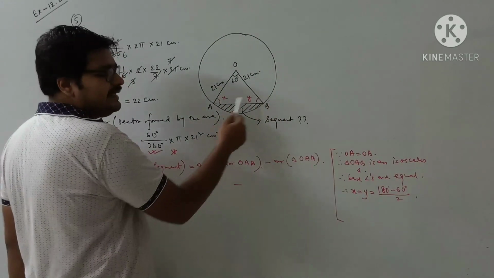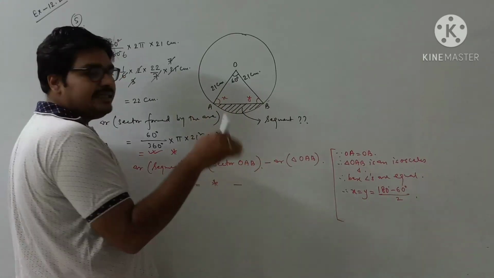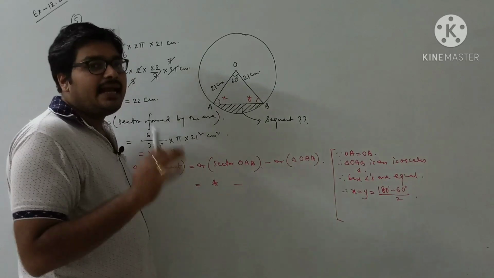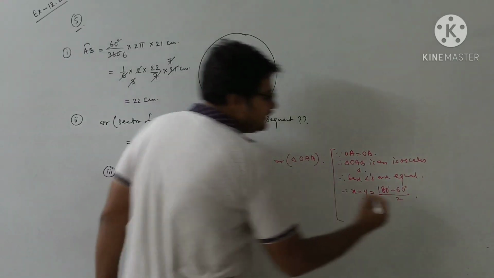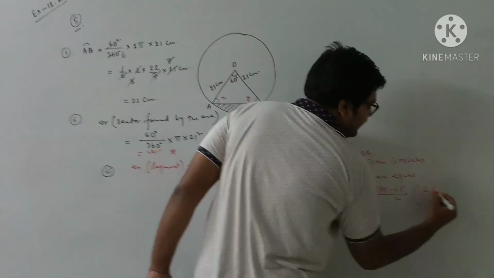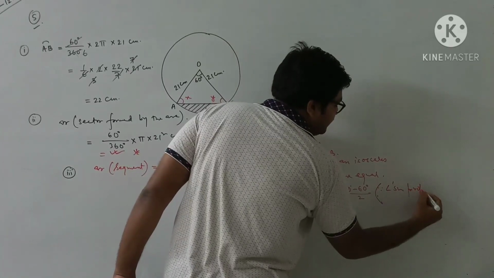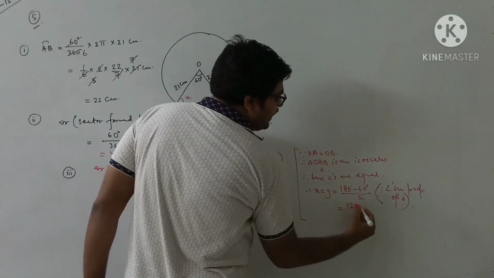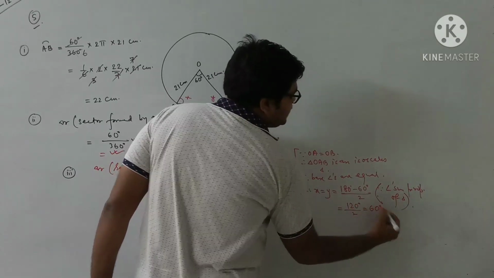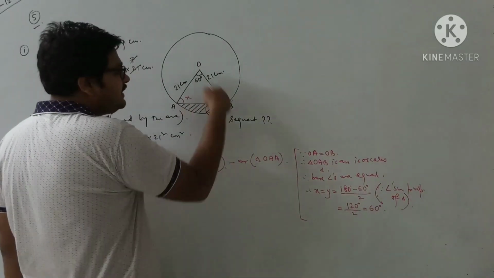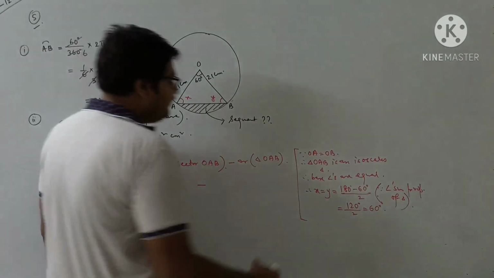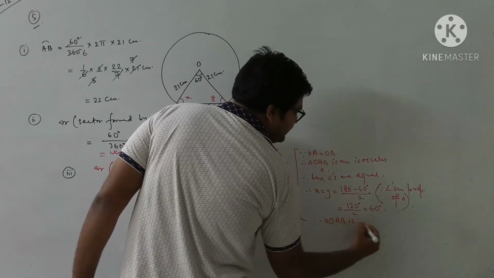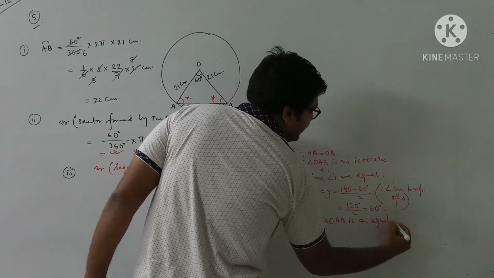Because both the angles are equal, so each of them will be 180 degree minus this one divided by 2. What have we applied here? Angle sum property of triangle. So it is coming 120 degree by 2, that is 60 degree. So all those angles become 60 degree. Therefore, triangle OAB is an equilateral triangle.